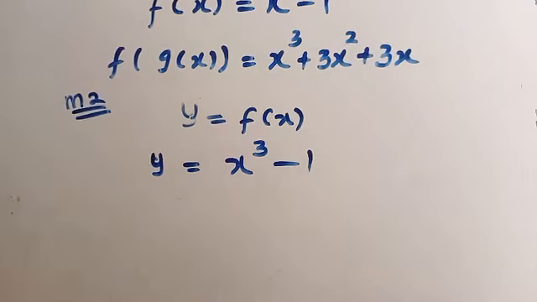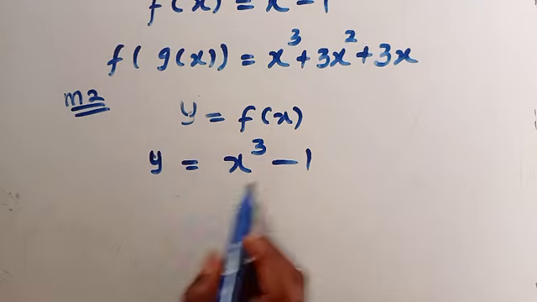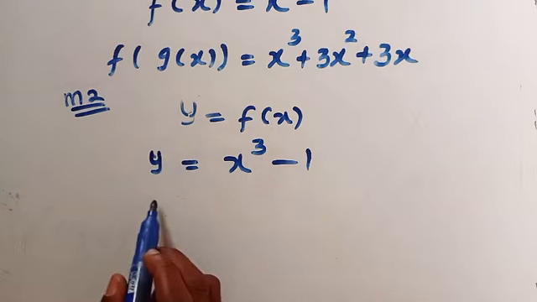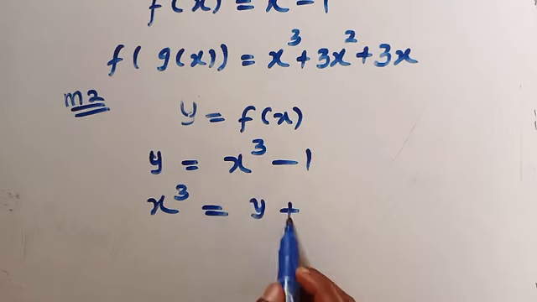By making x the subject of the formula here, we transfer this minus 1 to this side, and we have x cubed equals y plus 1.